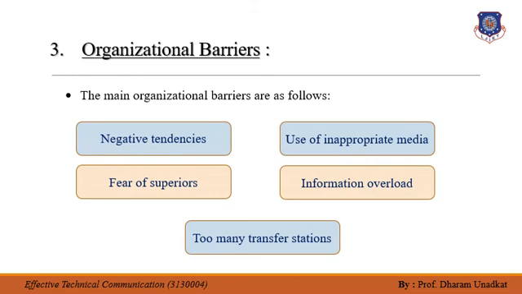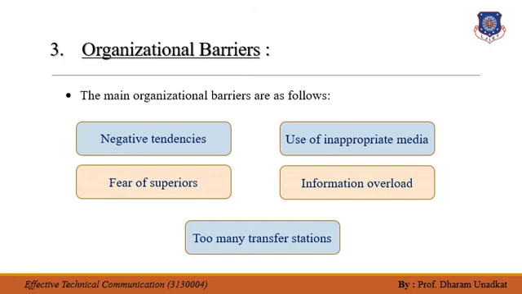Too many transfer stations. The more links there are in the communication chain, the greater are the chances of miscommunication. Imagine, for instance, that your professor asks you to convey a message to X student. You, because of some inconvenience, ask your friend Y to do this job.